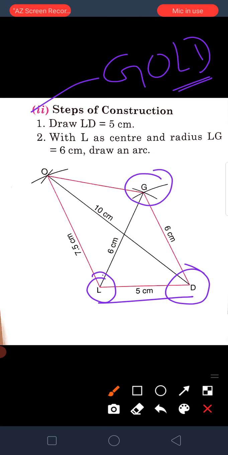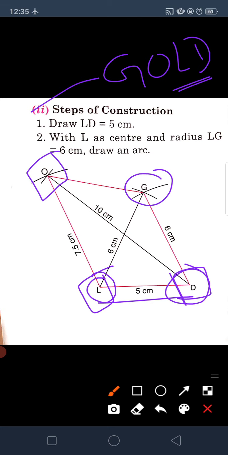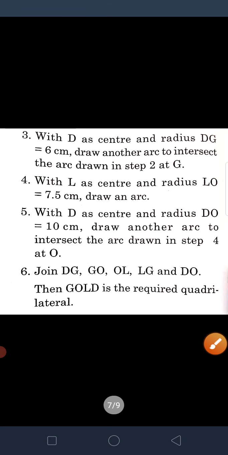Similarly, taking L as center and D as center, by the measurement given in the data we construct the O point, and joining all these sides we get the closed figure, and it is a quadrilateral.